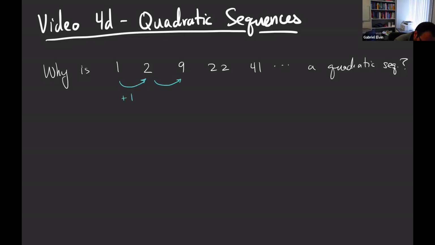To get from 2 to 9, I add 7. To get from 9 to 22, I add 13. And to get from 22 to 41, I add 19.